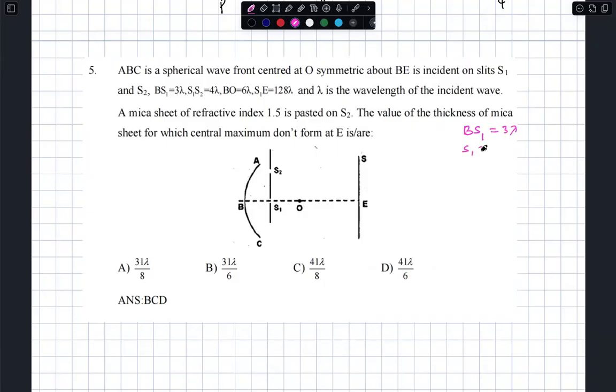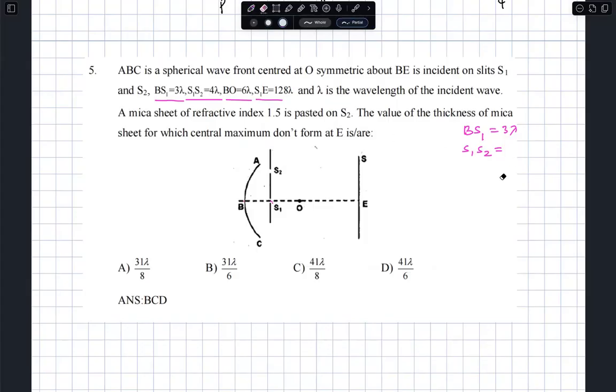S1S2 is 4 lambda. They are given S1S2 as 4 lambda. BS1 is 3 lambda. BO is 6 lambda. It means 3 lambda this side, 3 lambda this side. Right, no issues. S1E is 128 lambda. Lambda refers to wavelength.